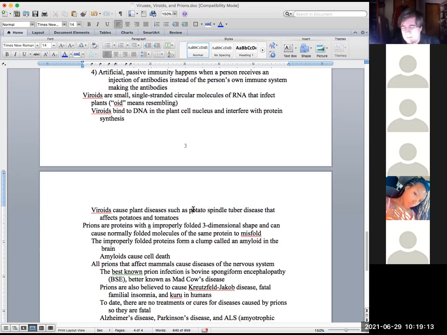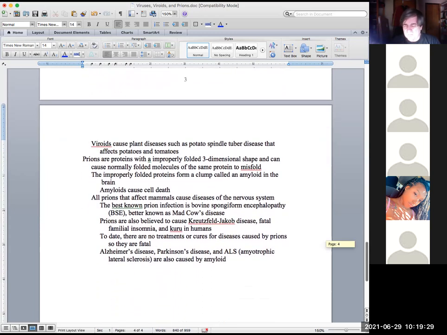And it's actually estimated that around the world this probably causes hundreds of millions of dollars worth of economic damage to potatoes and tomatoes every year, where the crops are ruined. As I say, we don't hear too much about viroids because they infect plants.